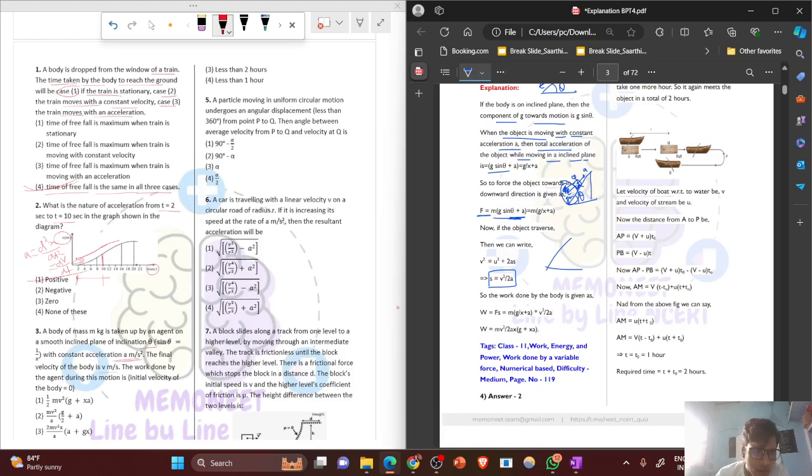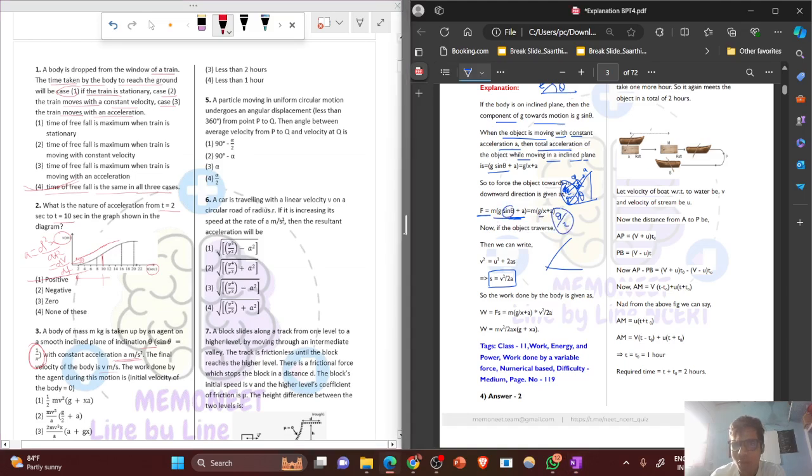Now here it is given that sine theta is equal to 1 by x. So we put 1 by x in place of sine theta, and then it becomes z by x. This is our force, and this is our displacement. Multiplying the force with the displacement will give you the work done, so the work done will come out to be this value.